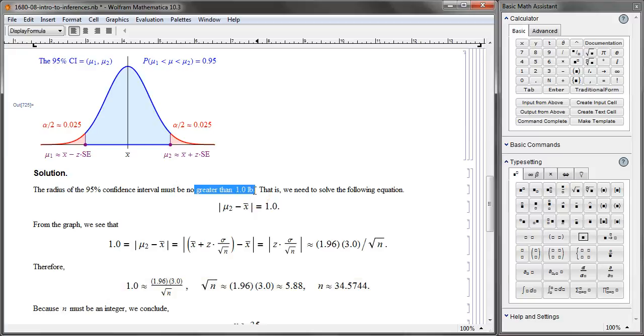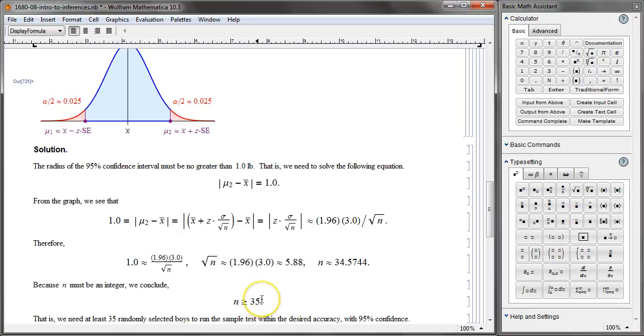In order to do this sampling more accurately, you need a bigger sample size. So always you round up. You need at least 35 randomly selected boys here.